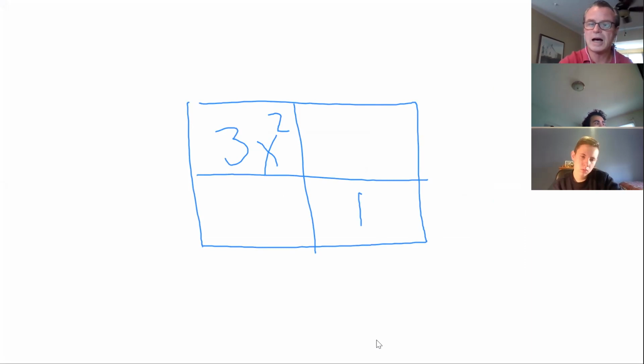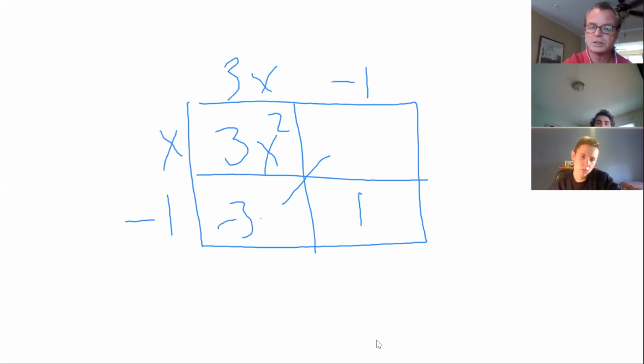So these cells in the top have to be 1, the only things that are going to add to 1. These two terms add up to -4x, so these 1s have to be negative. -1 times -1 is still 1. And what multiplies to 3x squared? 3x times x, which would give you -3x and -x. So these are the linear factors.